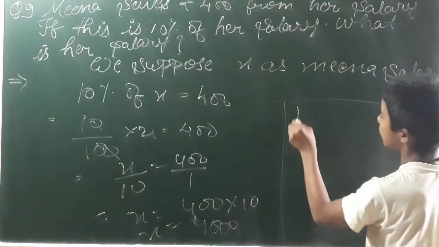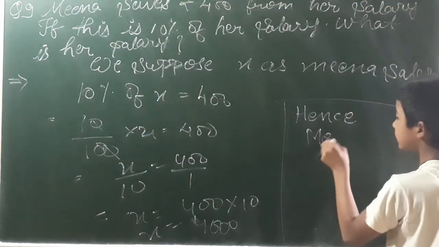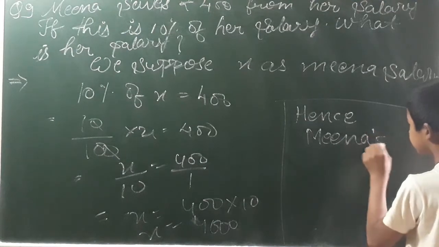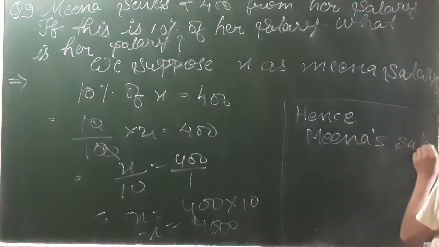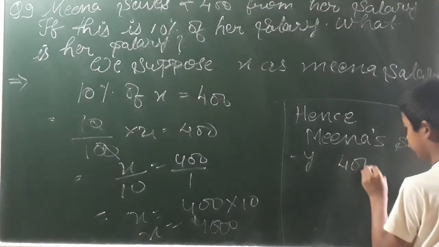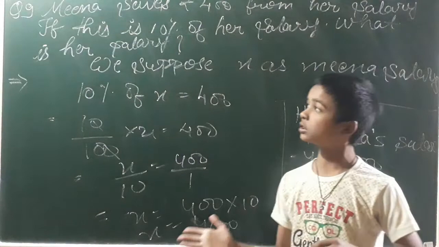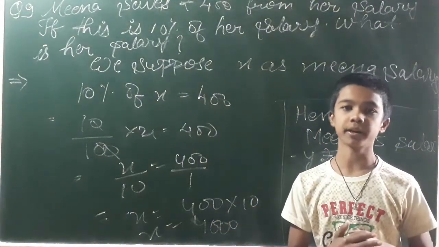Now we write, hence, Meena's salary is 4,000 rupees. So this is the statement.